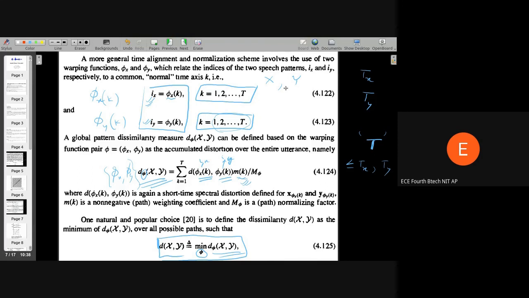When we find the best phi x and phi y, we get the best match. Indirectly, if you put it in a matrix, you will find the most optimum path. So that best phi x and phi y that you find, that is the goal of DTW, dynamic time warping.